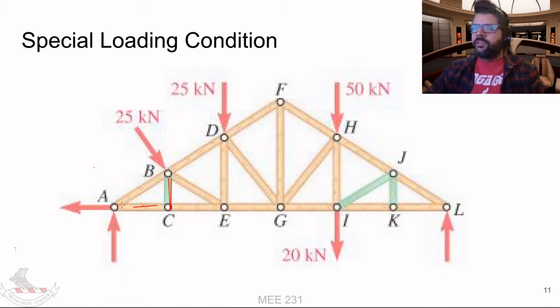And that's just due to the fact that even though BC is a zero force member for the loading conditions shown, it would still develop enough force to prevent this angle changing from parallel.